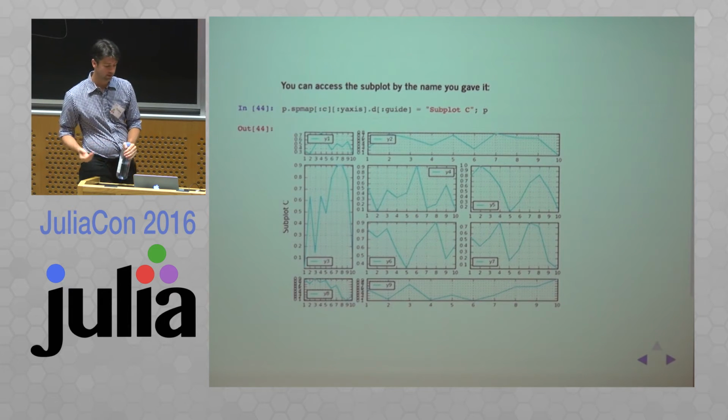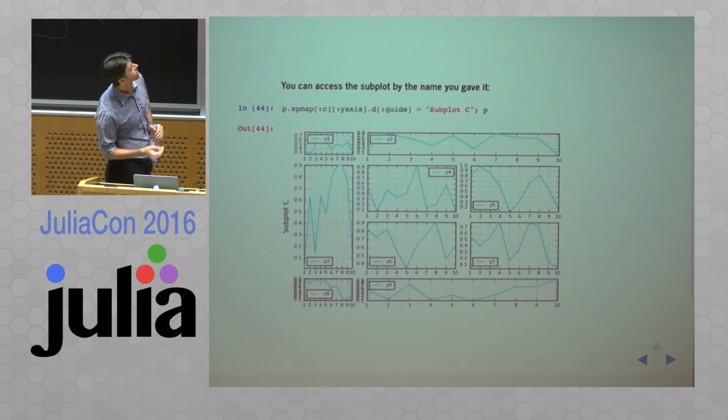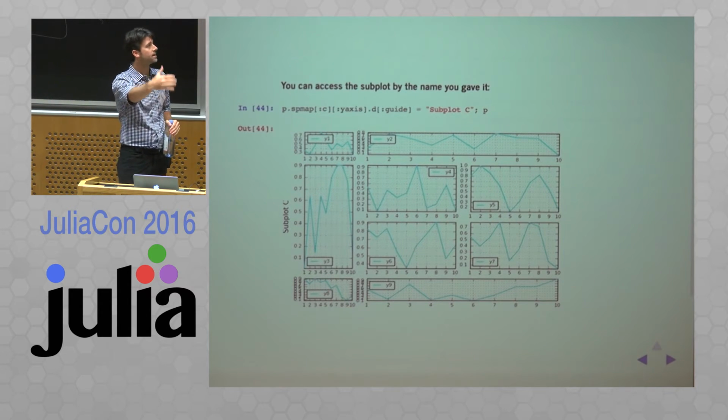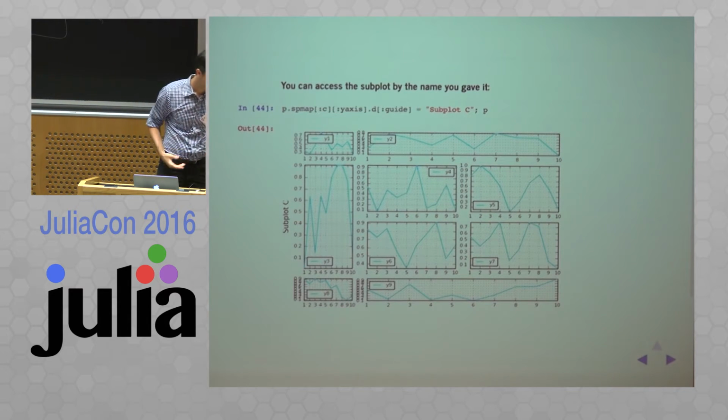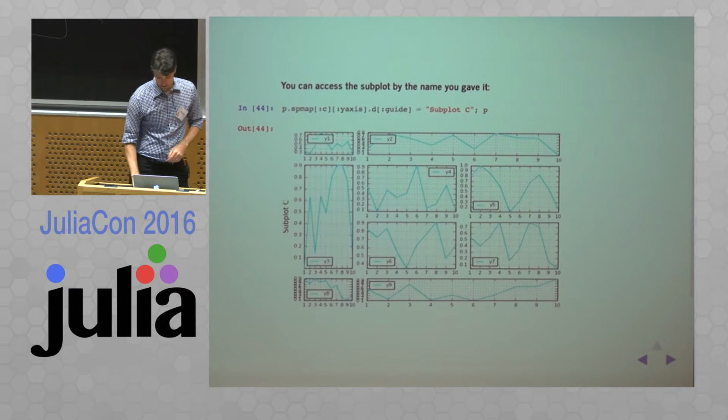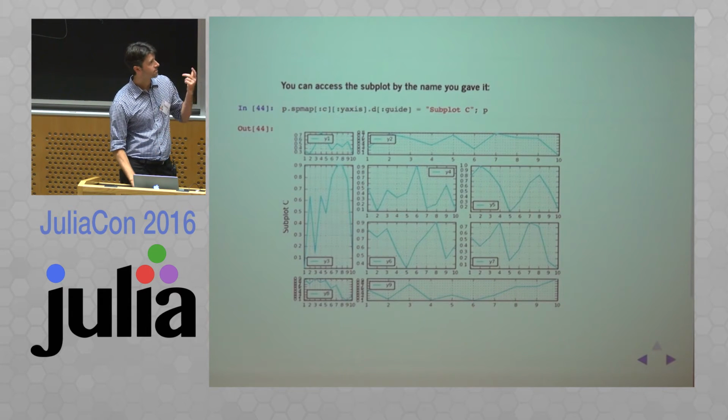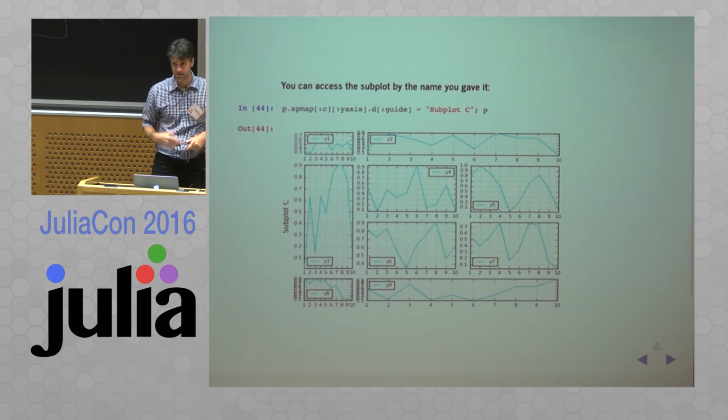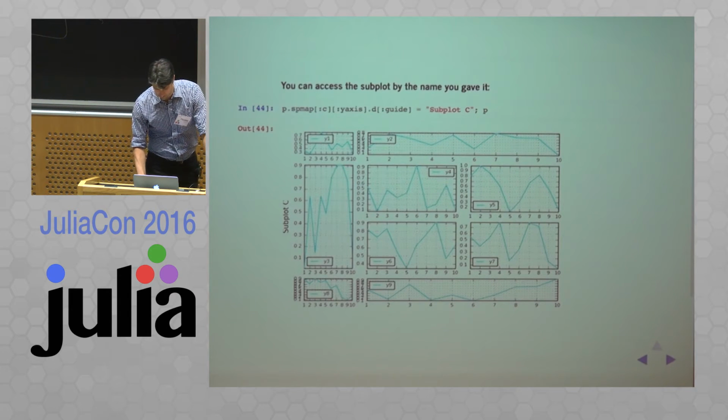So if you wanted to, you can reach in by accessing the plot object's sp map, get to the underlying subplot, and make changes or do whatever you need to. I think over time it'll be easier to act on individual subplots rather than the entire plot itself. That's something that's ongoing, but it's already pretty usable.